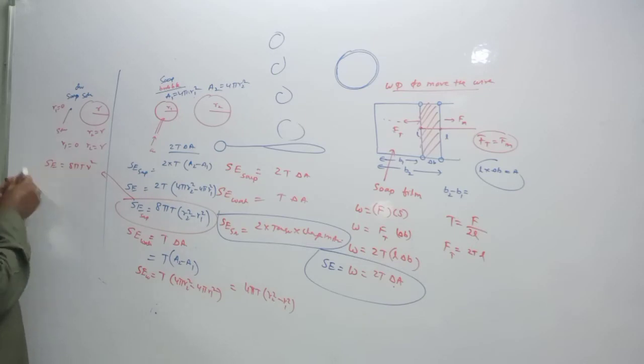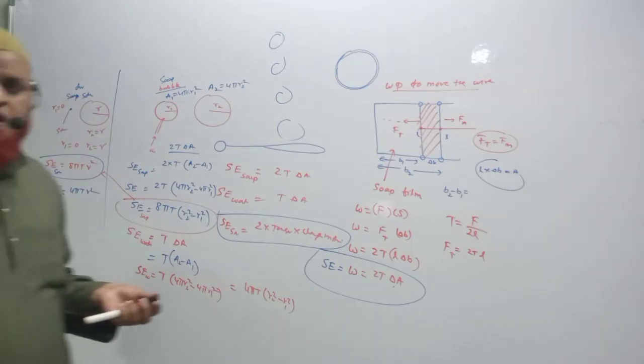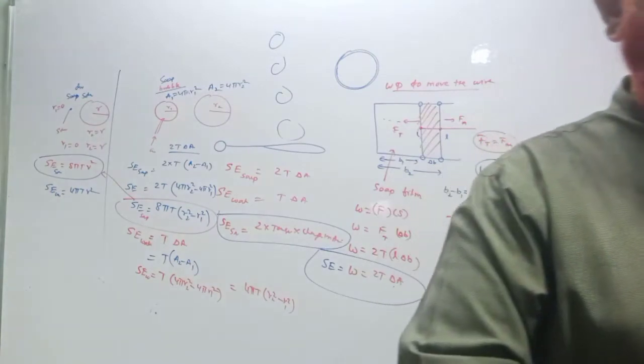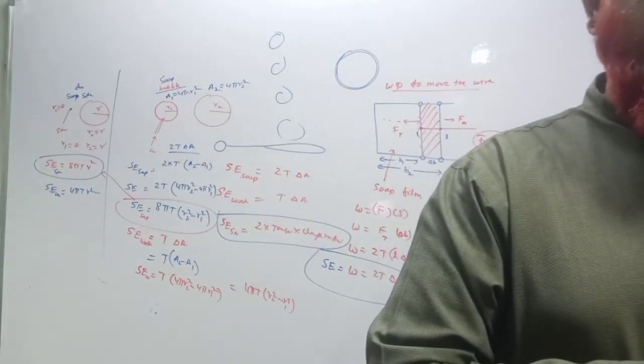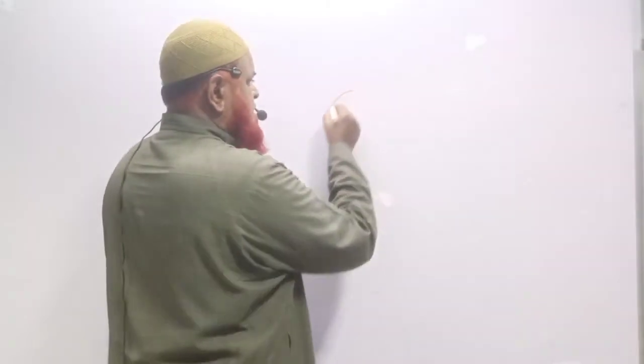Okay, this is the formula for soap. And surface energy for water is 4 pi T into R square. That's it. Is it clear? Why is it so? Because a water drop does not have any layers. Understand? Is it clear?